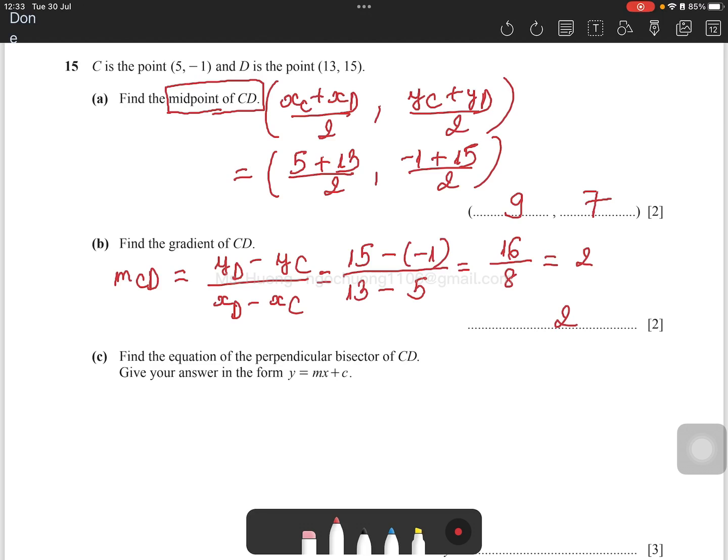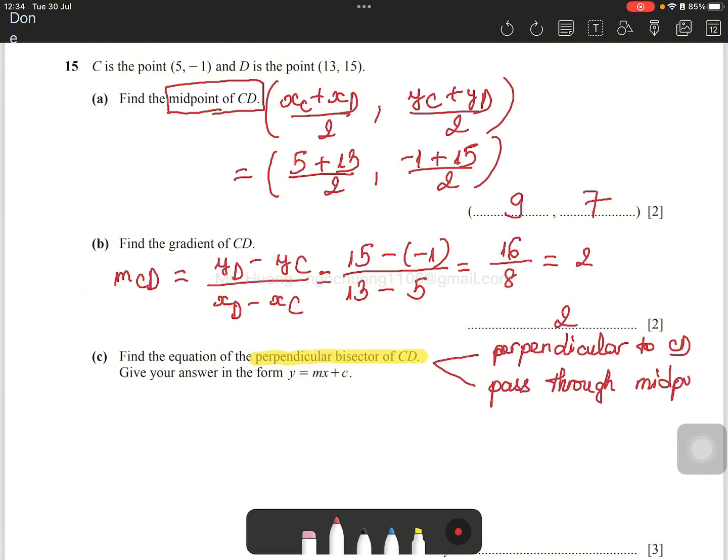C. Find the equation of the perpendicular bisector of CD. A perpendicular bisector of CD needs two things. First, it is perpendicular to CD. And next, it must pass through the midpoint of CD.